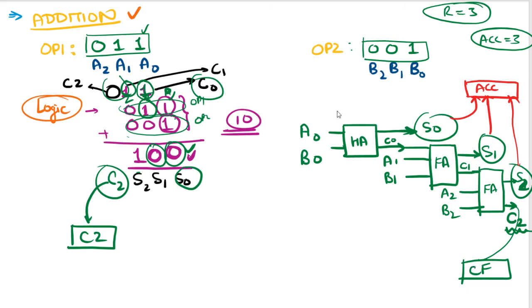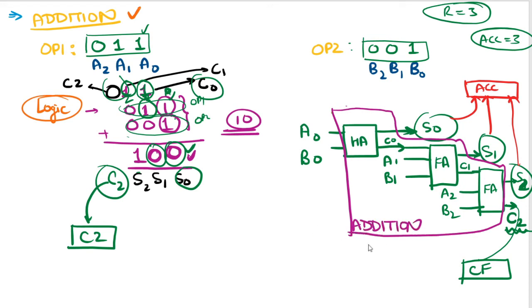Now if we see this, this part entirely will be our addition black box, right? Why? Because now it is working in the same manner as we want.